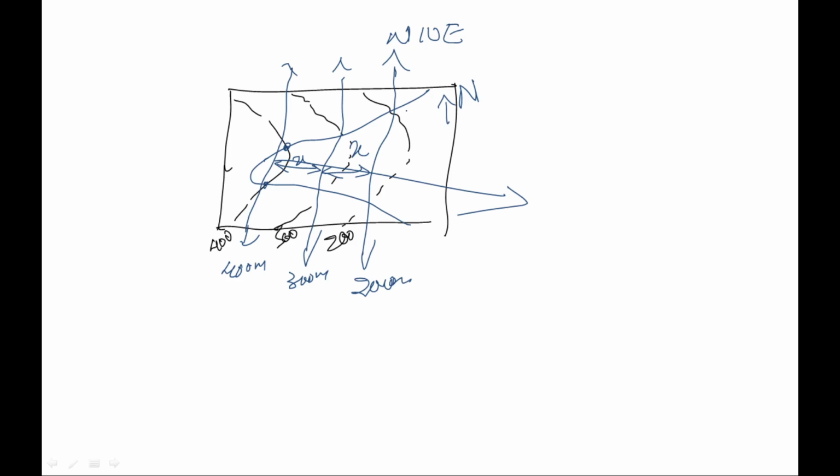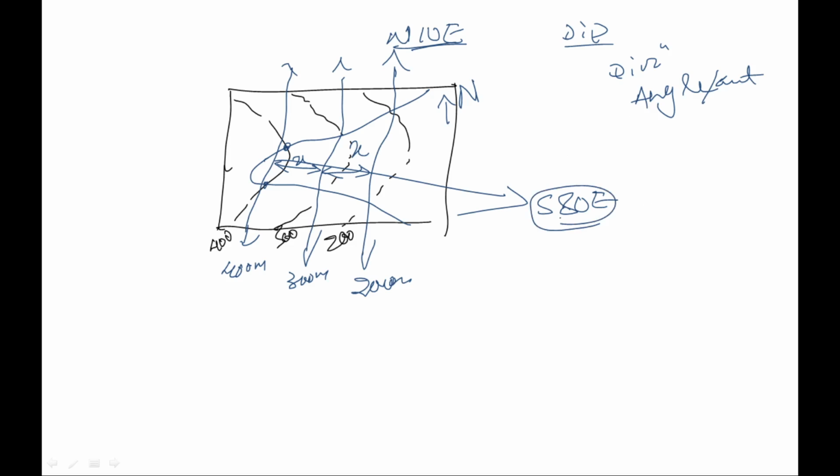Dip has two components. Direction, and the amount of inclination, the magnitude. The direction is south 80 degree east.